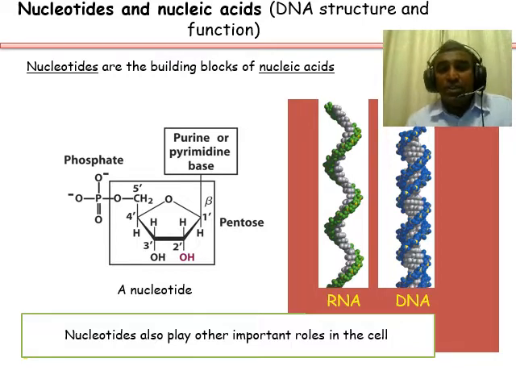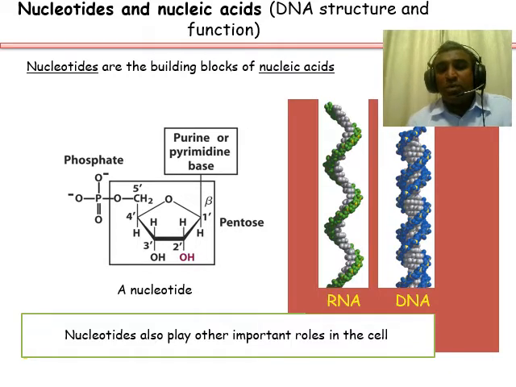There are also differences in terms of the bases here. You will have either purine or pyrimidine. Purine is a double ring structure, while pyrimidine is a single ring structure. And in terms of the bases, there will be 4 bases for RNA, and 4 bases as well for DNA.